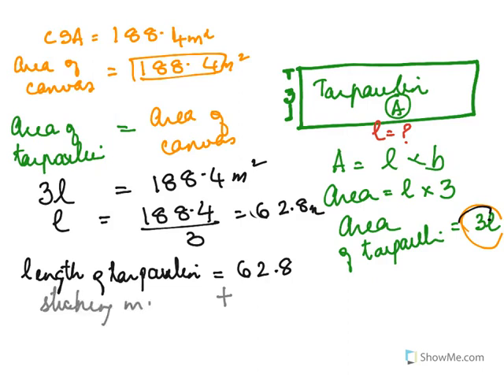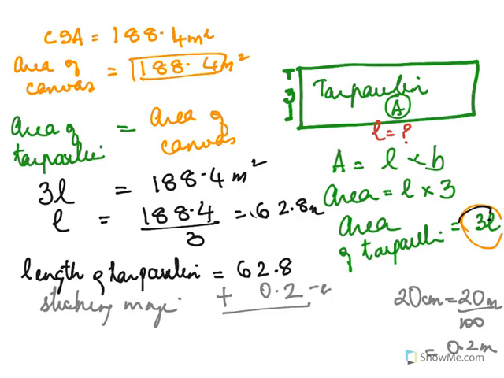Little margins, little extra, 20 centimeters. Remember, we are working in meters. So that is 20 over 100 meters, and that is 0.2 meters. 2 decimals, so it jumps 2. So 0.2 meters extra we require. This is the extra for stitching. So the answer will be 63 meters is required.